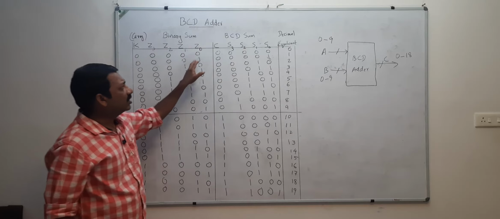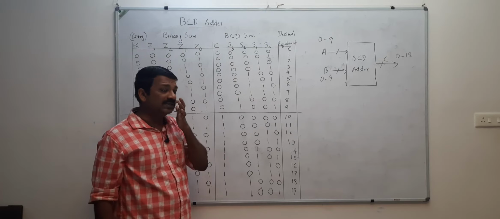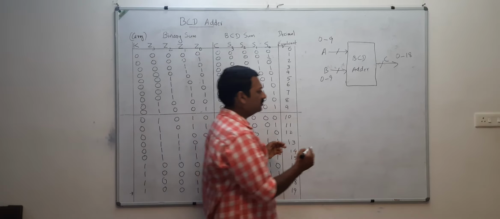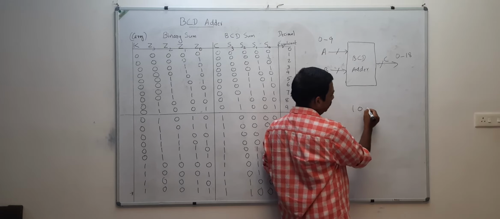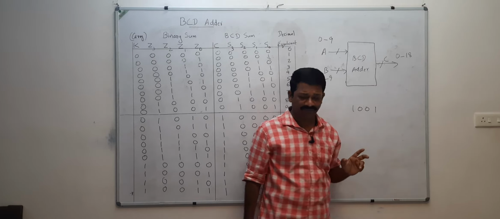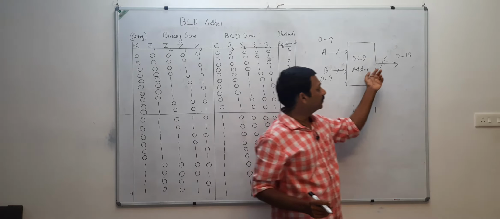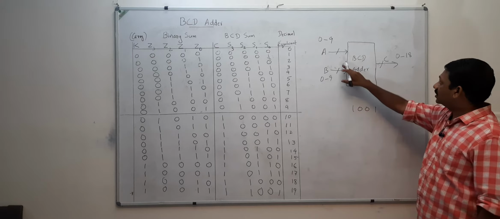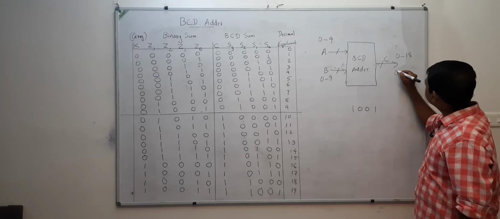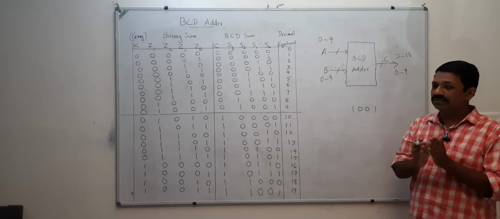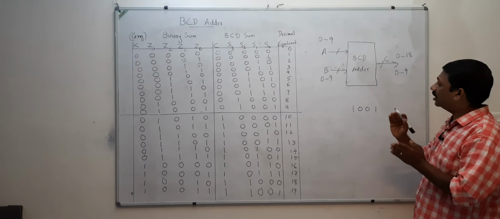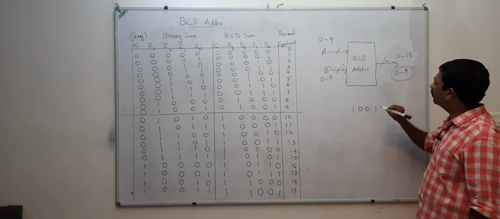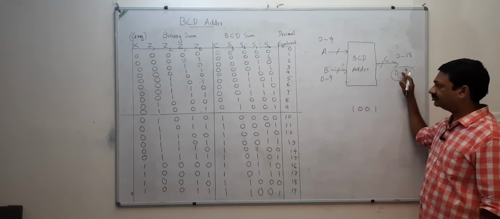As you know, this is 0, 0, 0, 0, and the equivalent is 0. When you are converting to BCD, if the sum generated is 1, 0, 0, 1, that means up to 9, if you have two numbers A and B and the sum generated is from 0 to 9, you can exclude the binary to BCD conversion. That means this is a valid BCD number from 0 to 9.